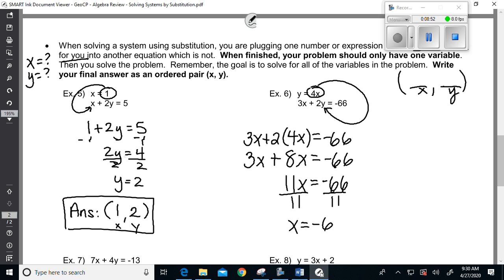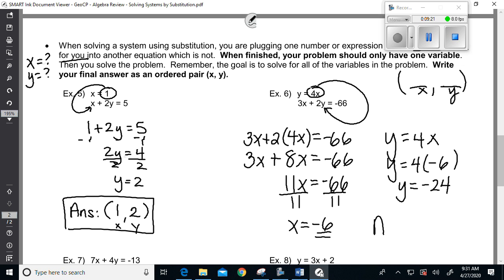So now we've got part of the answer. Now we just need the other part. We know what x is equal to. We now need to find what y is equal to. So to find what y is equal to, take negative 6, plug it back in. So y equals 4 times negative 6, which is negative 24.